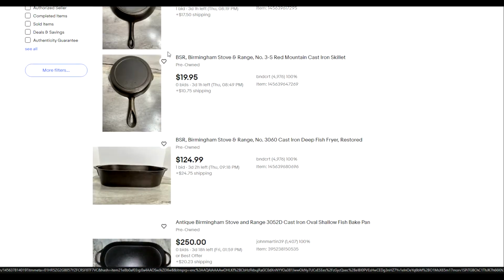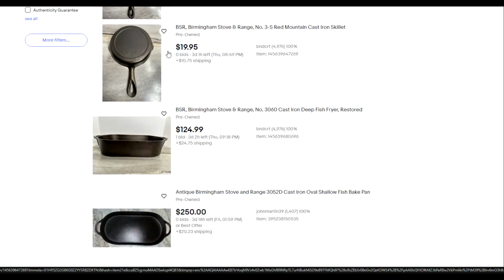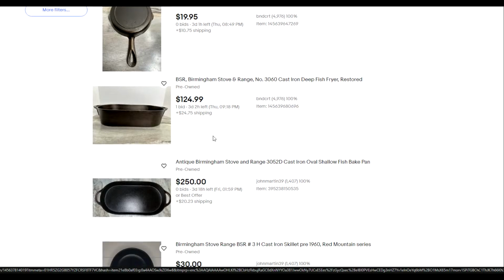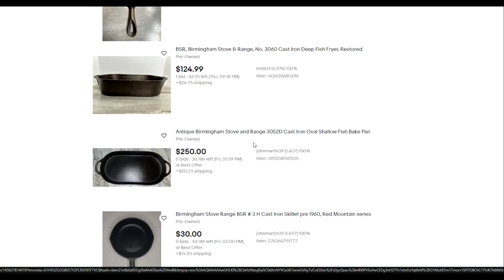Most of these things I would indeed say are overpriced. Like, for instance, here it looks like here is a BS&R fish fryer that they're selling for $124. And here is a shallow fish fryer that they're selling for $250.